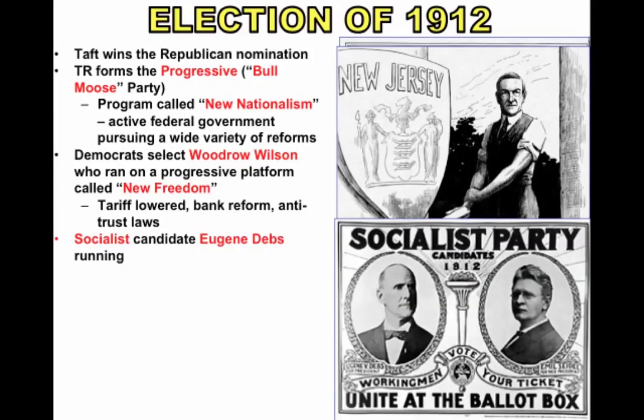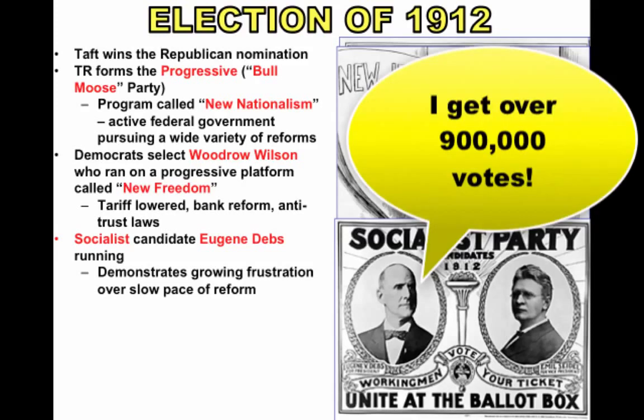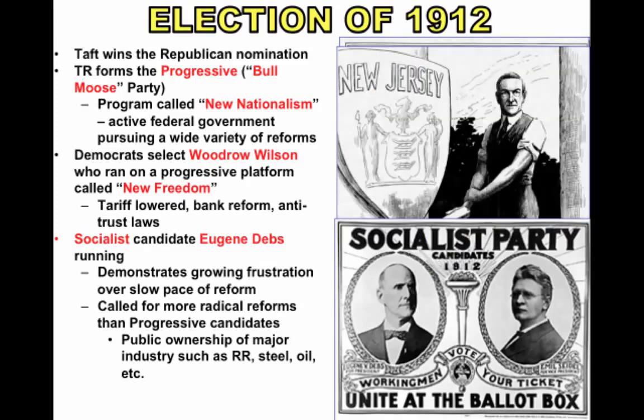The Socialist Party runs a candidate, Eugene Debs, remember the guy during the Pullman strike, and the reason the Socialist Party is really important in this election is it demonstrates the growing frustration over the slow pace of reforms. Many people wanted more change in American society, and the Socialists were the most radical proponents because they called for more radical reforms than most progressive candidates, including public ownership of the major industries such as the railroads, steel, oil.